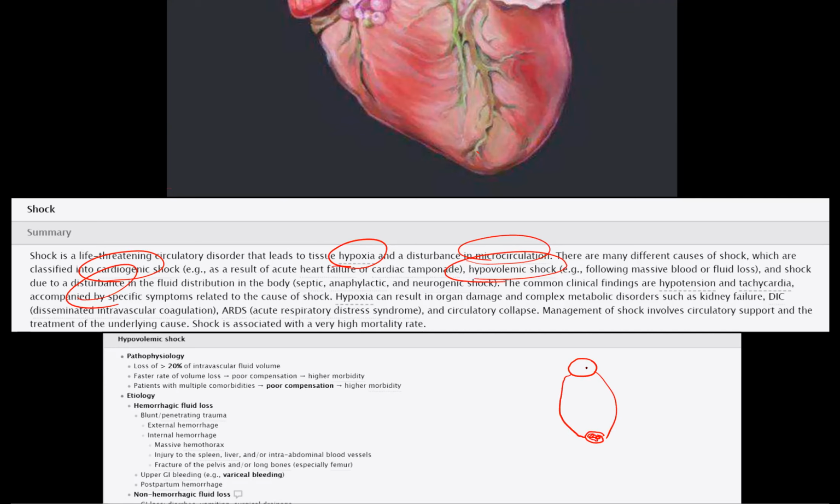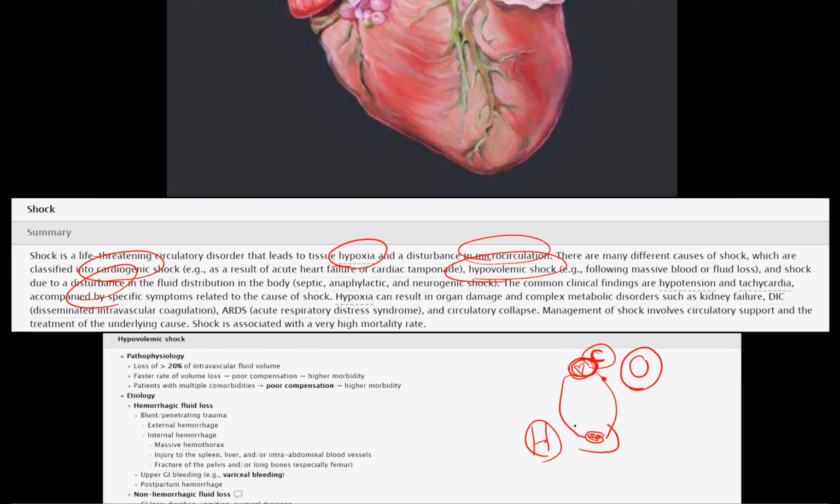Okay, so for this heart, we will have hypovolemic shock, where the amount of blood will be decreased. Cardiogenic shock, the heart is not able to pump blood well. Then we have obstructive shock, obstruction to the heart pumping blood, and we have many types of obstructive shock.